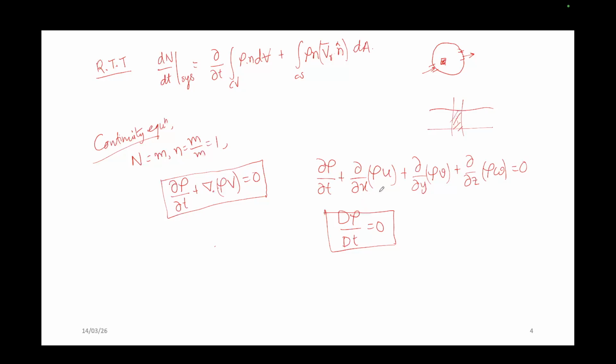Got it? So here that basically indicates del rho del t. If I talk about this term, in the integration derivative you know that one term will be like d dx of u plus u d rho du, right?